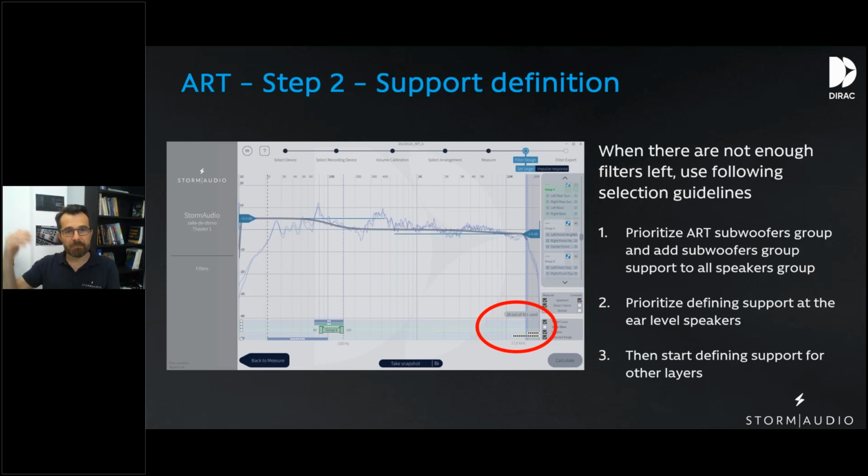And you go step by step this way until you have no filters left. And usually, when you start using all your filters, I can tell you that you have already defined a lot of support. And what we've experienced is that you start to have good sound reproduction with good control already with a limited number of supports. So those are the rules that we invite you to follow. I'm confident that in most installations, you will not even see the limit on the number of filters because the system will have enough to have the full support. So that really depends, but just be aware that this can happen.